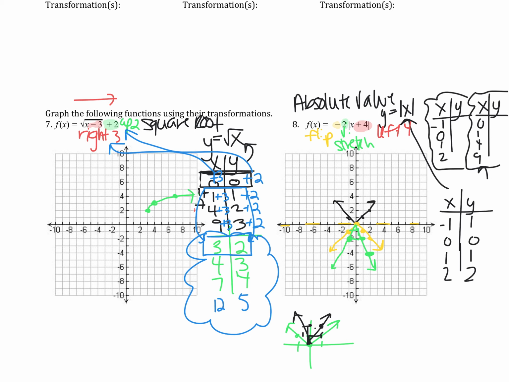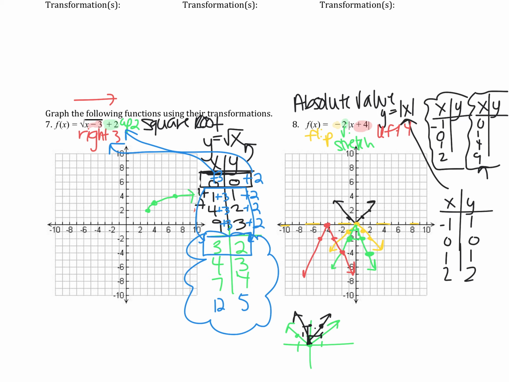So I go 1, 2, 3, 4, 1, 2, 3, 4, 1, 2, 3, 4, and follow it over. Here is my final graph. So we flipped it to get to the yellow, stretched it by 2 to get to the green, and moved left 4. Our final one is this red graph.